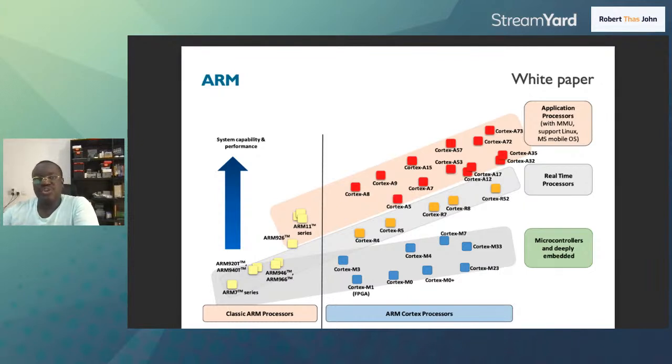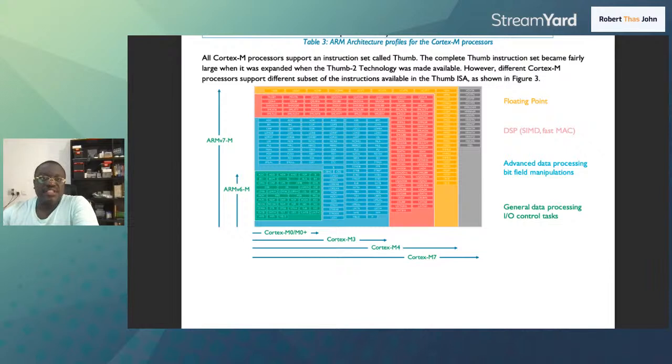But we're going to be focused mostly on the Cortex-M. And there are various Cortex-M processors out there. So what's the difference? The difference is in something called the instruction set architecture. Again, don't worry if this isn't too clear. When you have the slides, you'll see it closer.